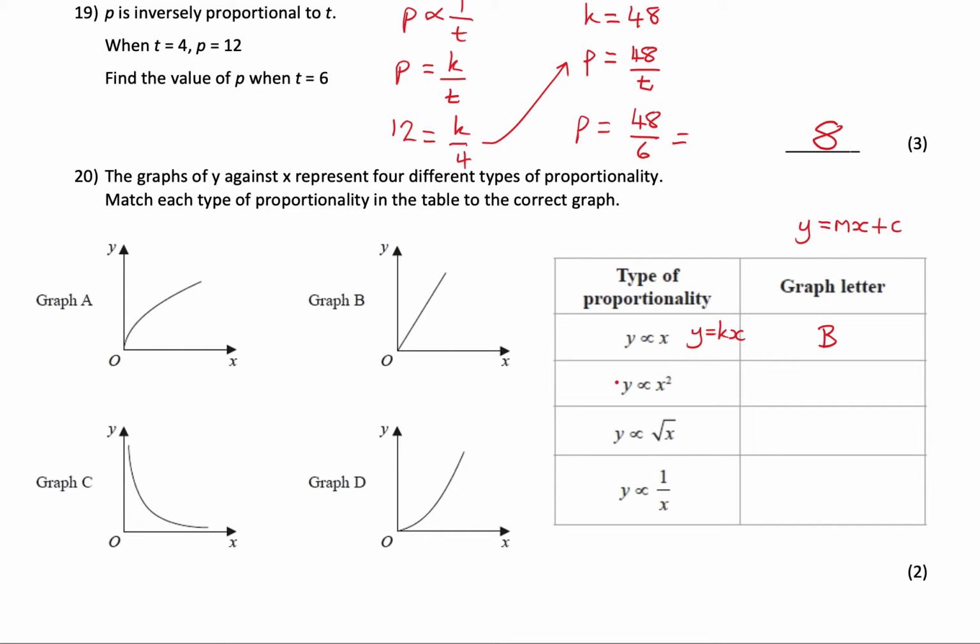Okay, y is proportional to x squared means we could write an equation that looks like this: y equals k x squared. Okay, and if you remember the y equals x squared graph, that gives us a parabola shape. In other words, one that looks like that. And changing the number in front of the x squared just made that graph narrower.